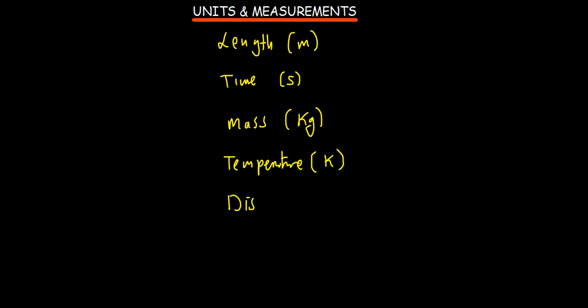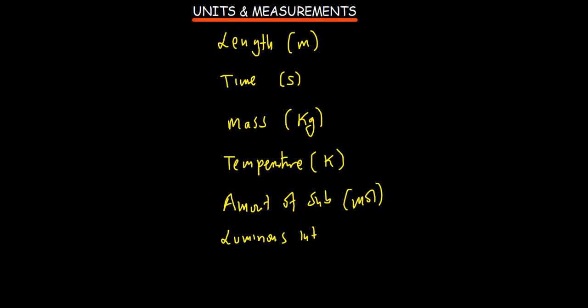Distance or length. But length is there, right? Length is the same as distance. Do you remember amount of substance? Amount of substance. What is the SI unit? Yes, the mole. Anything else? Very good. Luminous intensity.